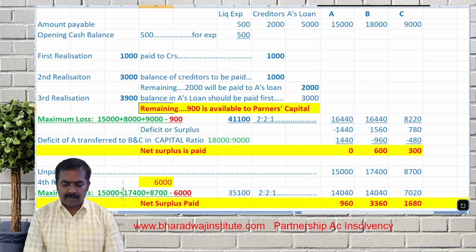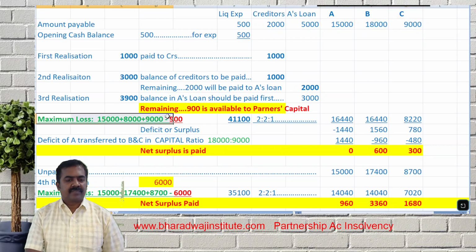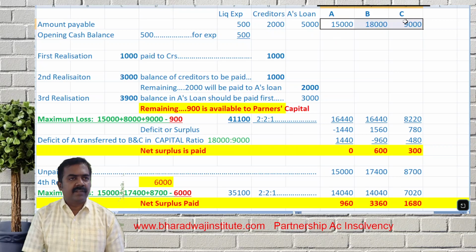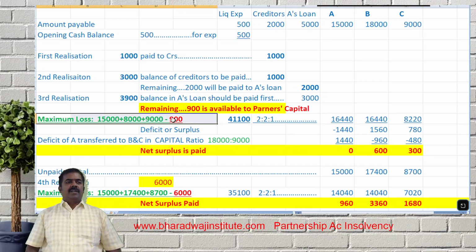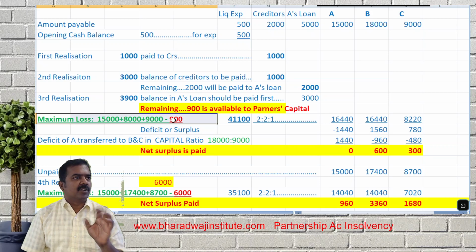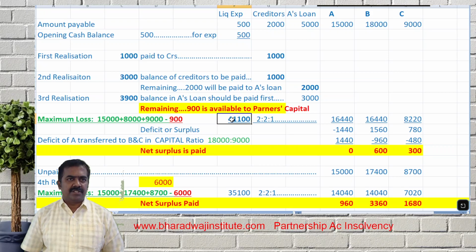Partners' capital. How to work out maximum loss? Unpaid balance minus amount available. That is step 1. Unpaid capital is directly given. Step 2, what is maximum loss? Unpaid capital amount minus the amount available. With 900, it is 41,100. If there is no further realization, the partners will lose 41,100.